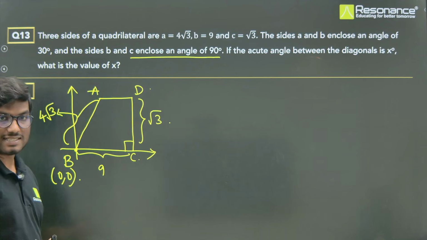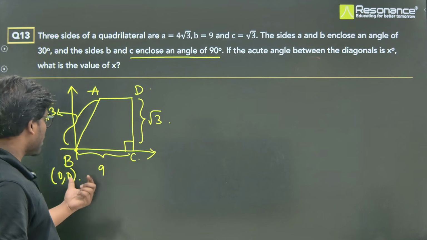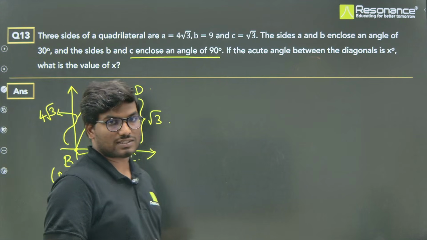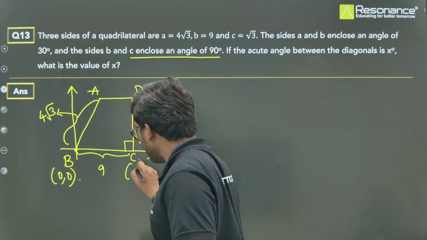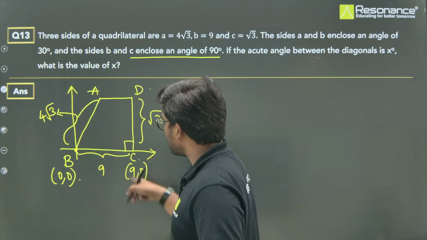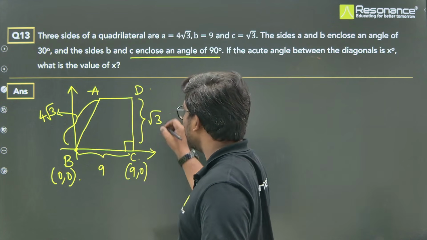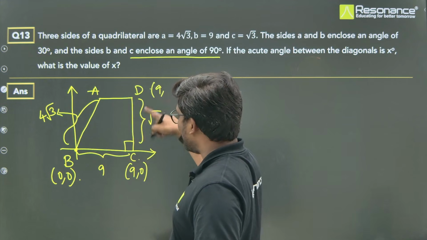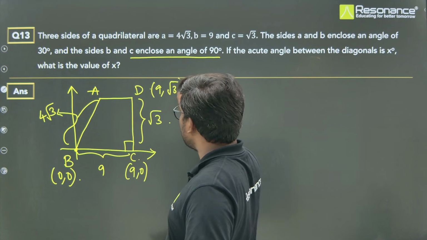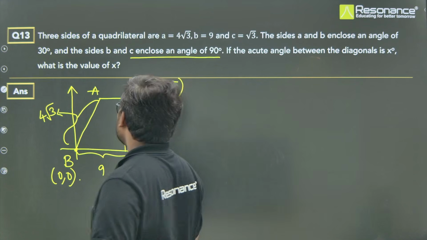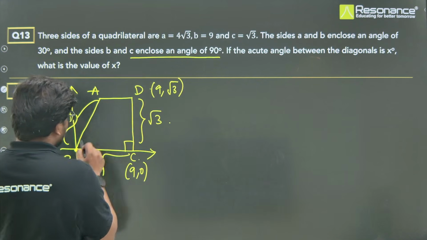So based on this, what do we get? Since this is the origin and this is 9 units right of the origin, it would become 9 comma 0, and this is on the same x value as C, so the height is root 3, and it becomes 9 comma root 3. Again, what does this become?